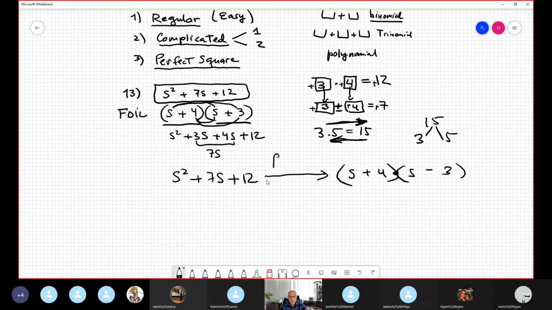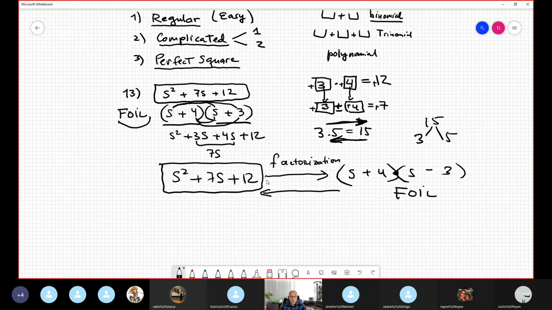This is the factorization process. However, Ingrid, we are doing the opposite direction here using FOIL. We come back to the same original trinomial, and this is multiplication. More clear now? Yes, thank you. Excellent.